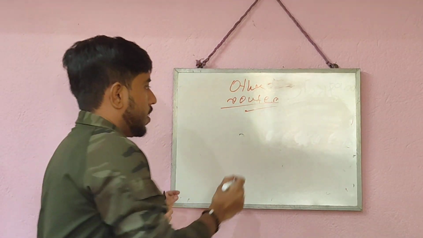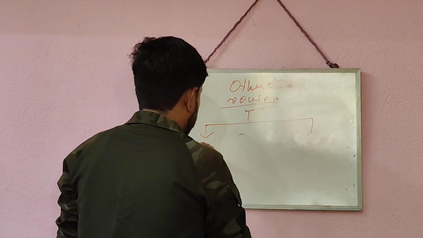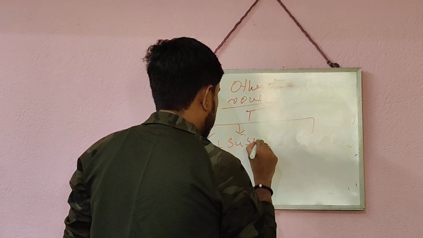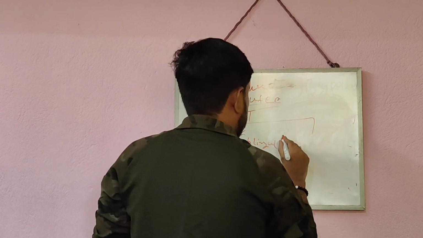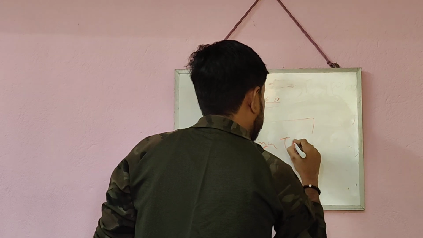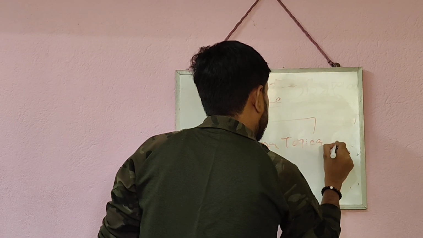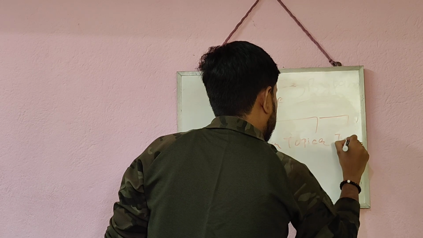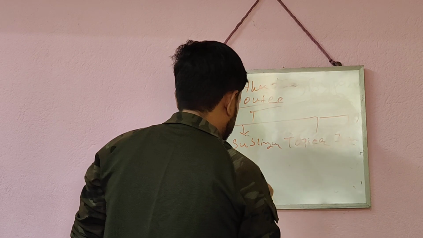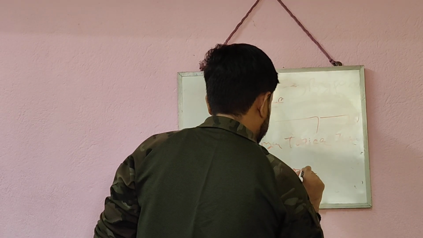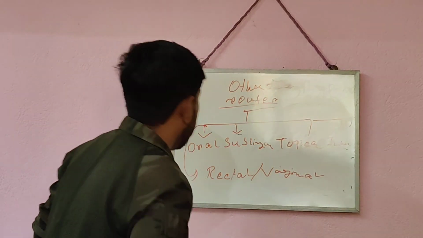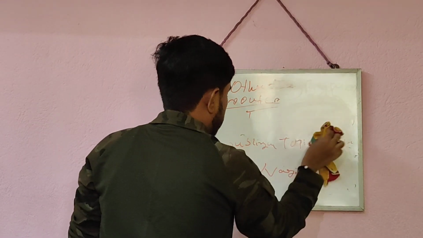They are oral, second one sublingual or buccal, cutaneous, or we can say topical, then inhalation, and others are also there, rectal and vaginal. Now I am going to explain in detail all the routes that are available for administration of drugs.